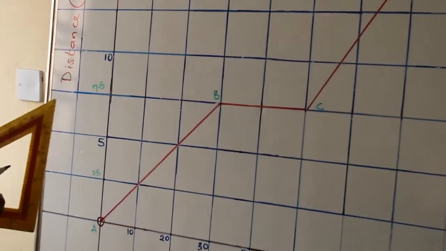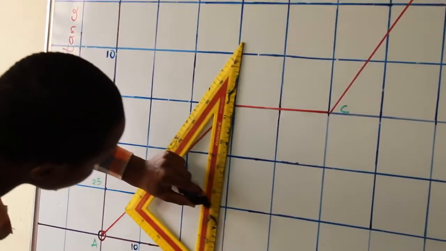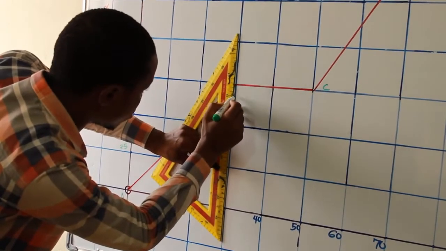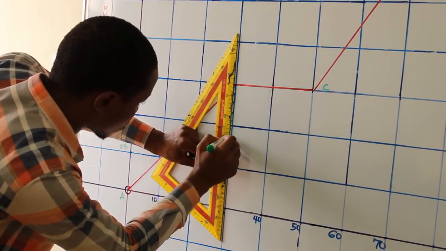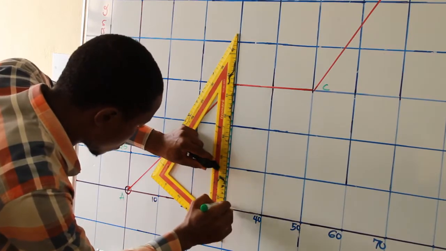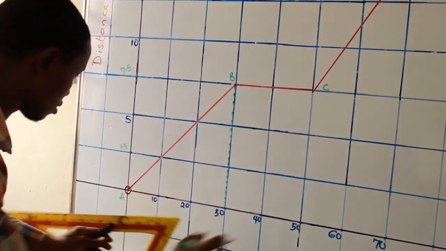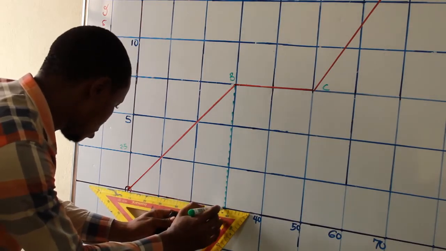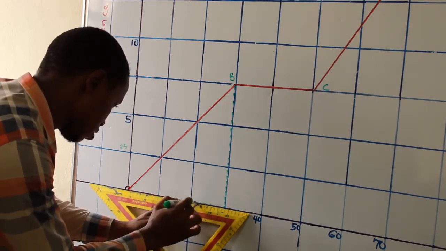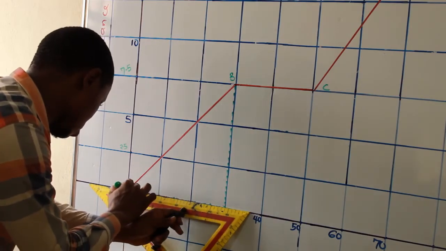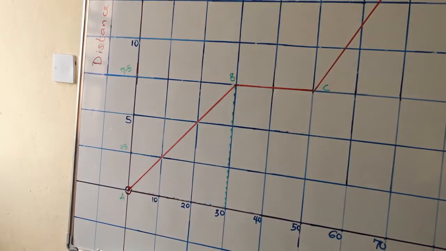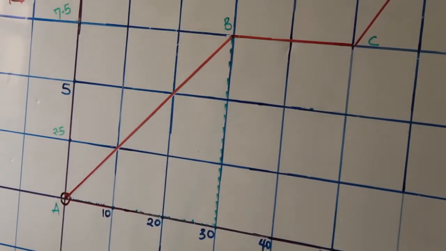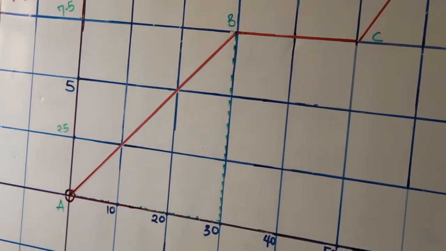So I'm going to trace a right-angled triangle from point B. I'm tracing vertically downwards, and then to the right, and it gives me something coinciding with the origin. Okay, now I want to move over there.